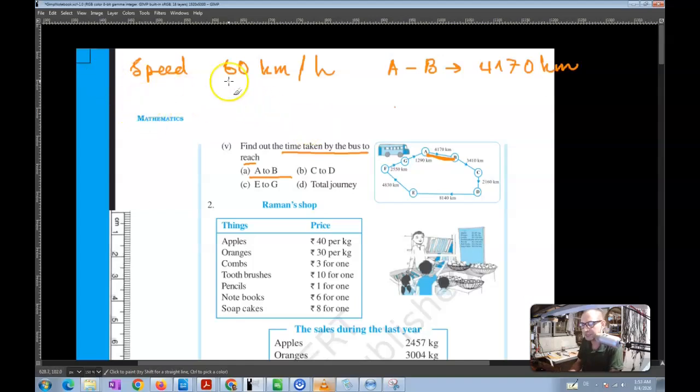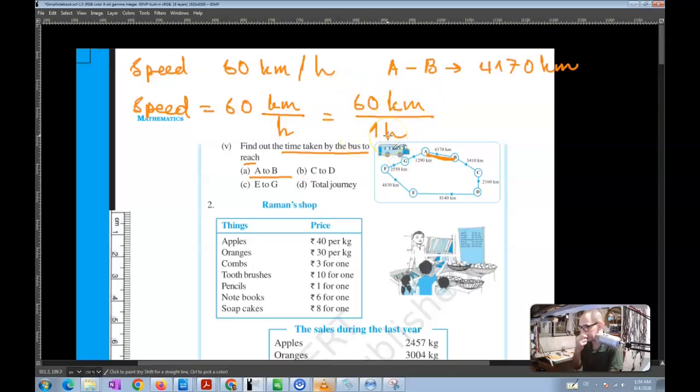Now when we say that the speed of the bus is 60 kilometers per hour, meaning if I write the speed is equal to 60 kilometers per hour, what this means is that's 60 kilometers per 1 hour. That means that in 1 hour, the bus covers a distance of 60 kilometers.